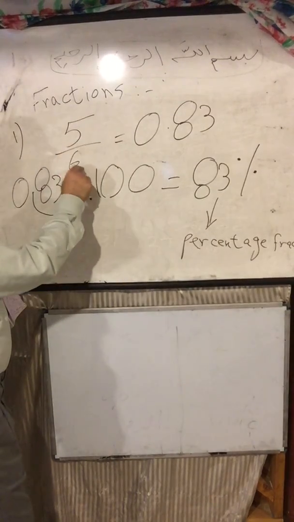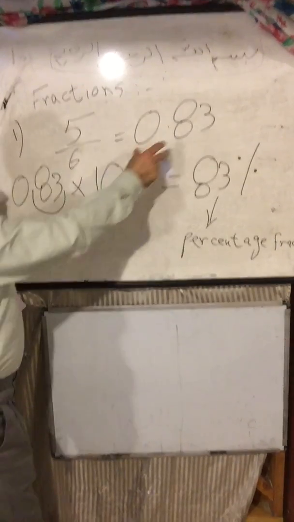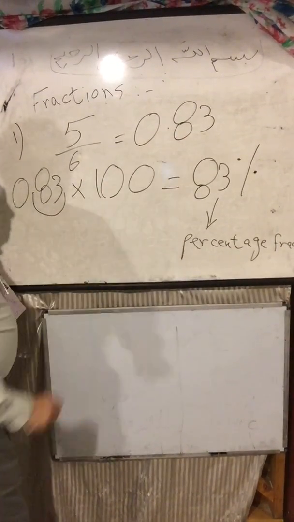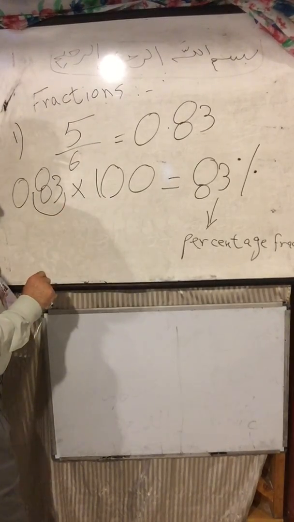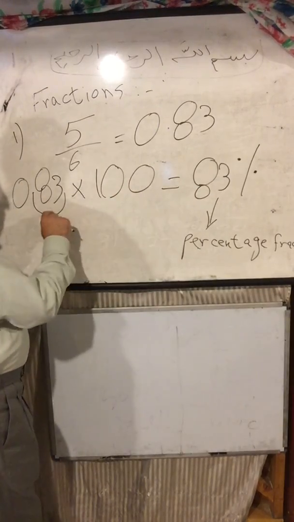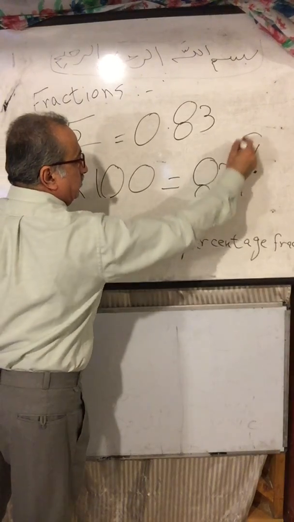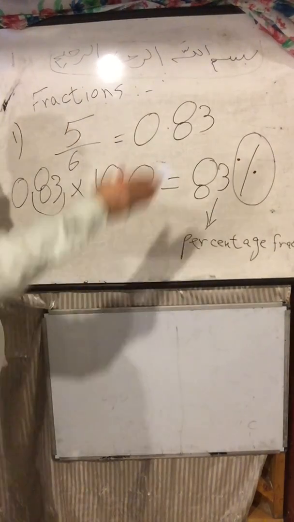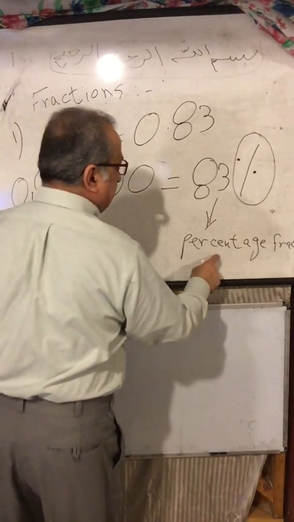First step, divide them, regular and normal division. Then you get this decimal fraction, multiplied by 100, which is equal to 83 in this example. And then you just add the percentage symbol.